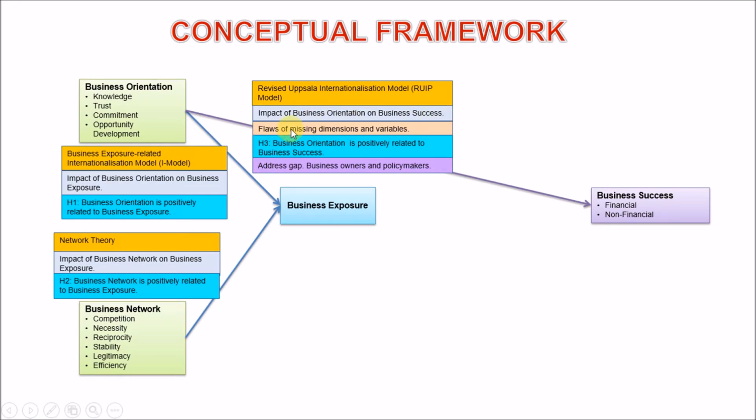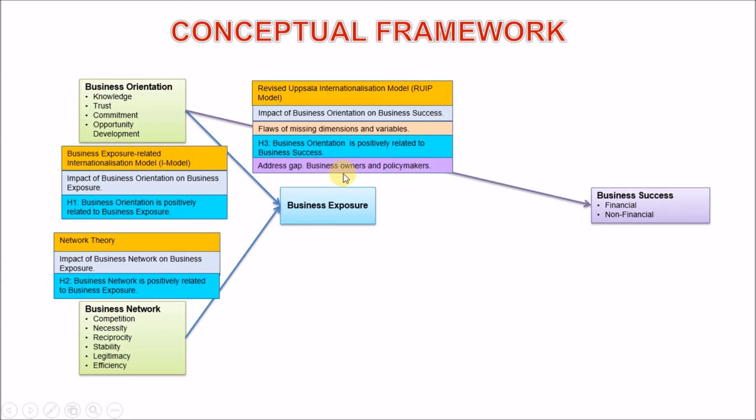And here, okay, we have a new one: flaws of missing dimensions and variables. Yes, in the problem statement we have to identify the flaws of missing dimensions and variables between business orientation and business success. From the problem statement we have another one at the bottom, address gap, business owners and policymakers.